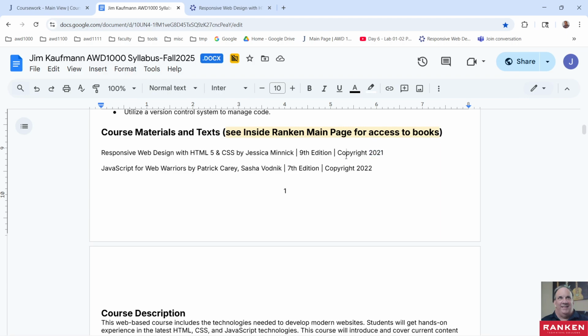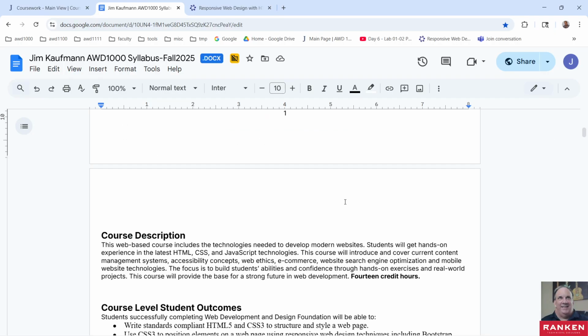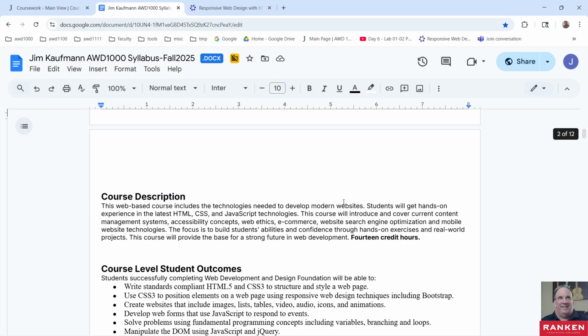Anytime there's a change, it takes a while for books to come out. So I wouldn't say this is dated. It would be dated if it was 2010, 2015, yeah. But once you start getting into the 2020s, I would not say that would be dated. For some technologies, yeah, but for what we're doing, not so much.